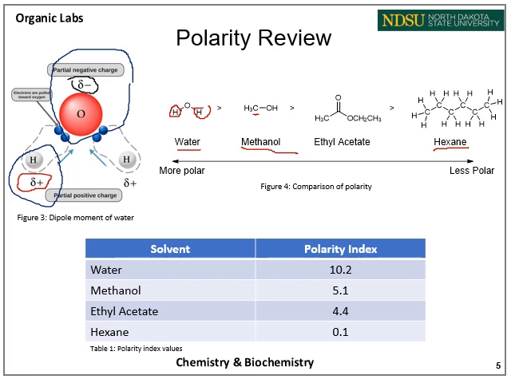So another thing to consider is that polarity of a molecule is dependent on the whole structure of the molecule rather than just one particular functional group or atom. For example, ethyl acetate has 2 oxygen atoms, but it's less polar than methanol.